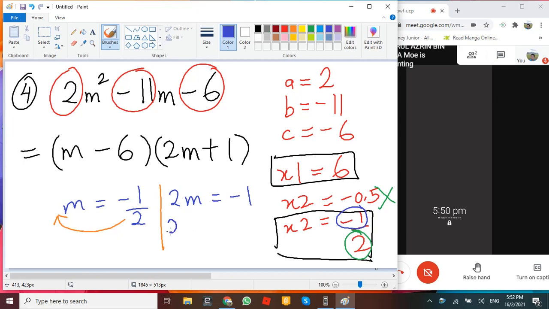And then this one we can write as 2m plus 1 equal to 0. So actually, this is what we write. Now, can you see? That's what we write as the answer for fraction. That's why it becomes 2m plus 1.